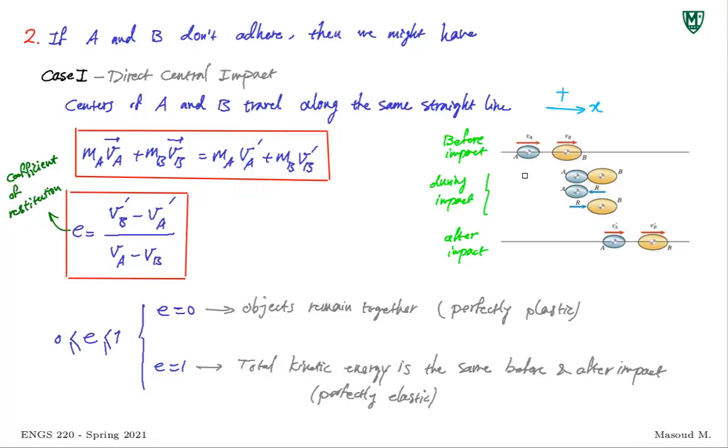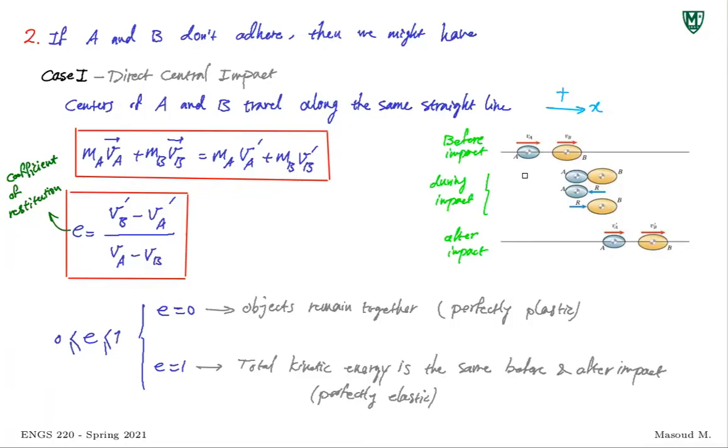In order to make our life a lot easier, I started classifying two cases. I only talked about case one, and we're still part of possible outcome two: these two objects do not stick together after the collision.